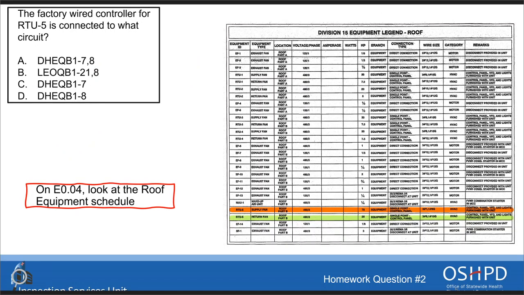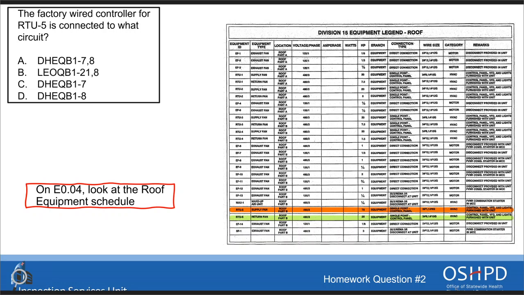There it is. Okay. So the next question was circuiting for the RTU5 controllers. As we recall, there is a Division 15 mechanical equipment connection schedule.